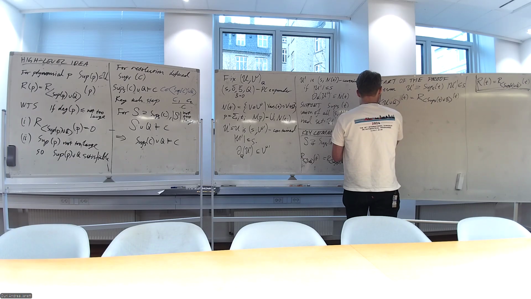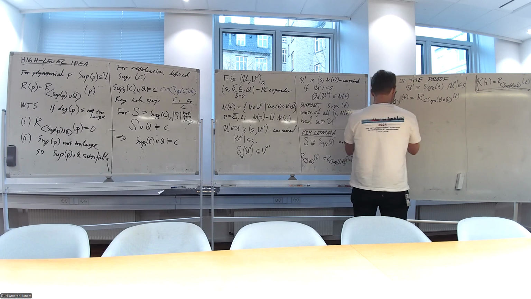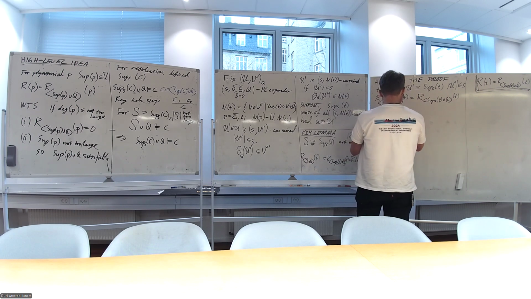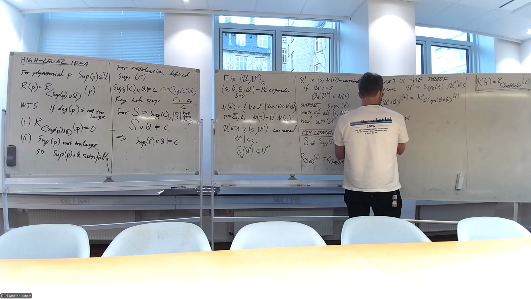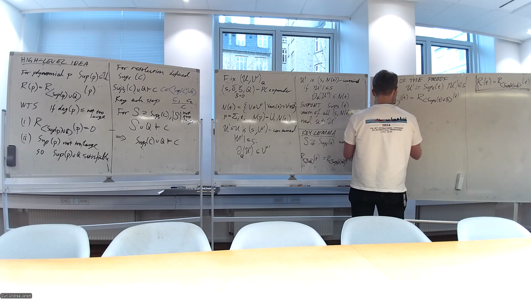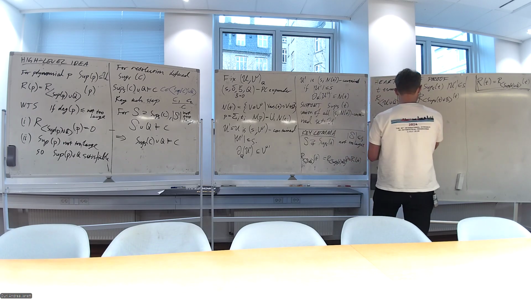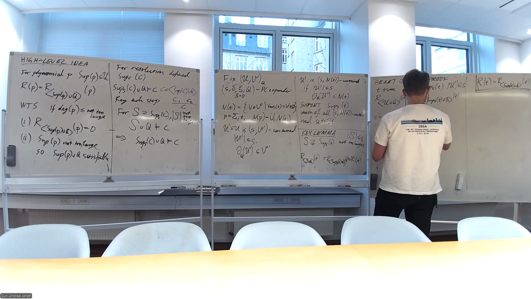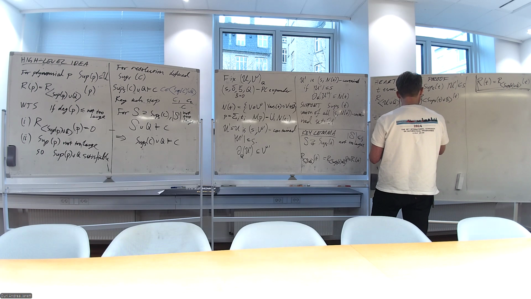Okay, so we're going to get that T is equal to first some polynomials AI times PI, where PI lives in the support, or it could live in Q. Then we also get some Bj times Qj for Qj living in U prime minus the support union Q.